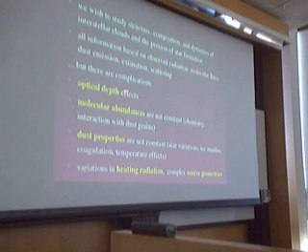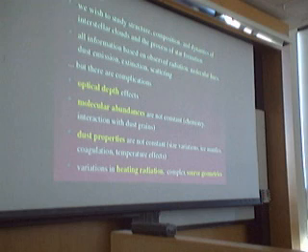There are optical depth effects, and there are variations in molecular abundances or dust properties or dust abundances, all kinds of chemistry, depletion of molecules on dust grains and so on. And so there's a link between molecular and atomic species and the dust properties.